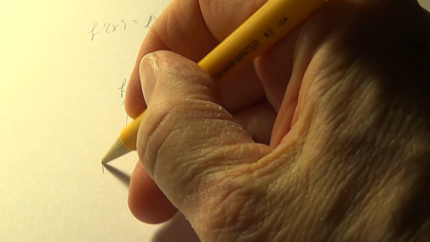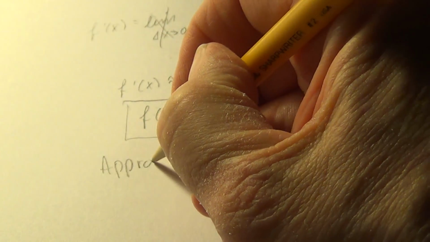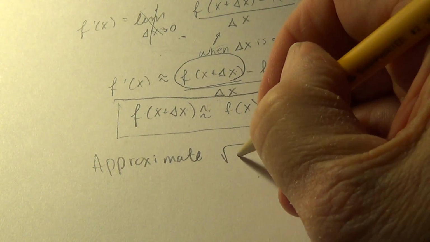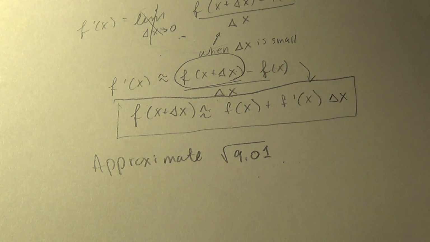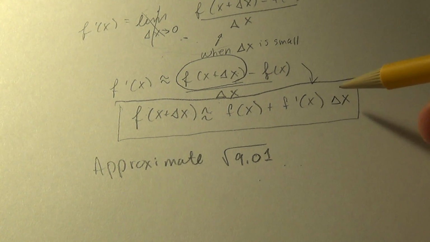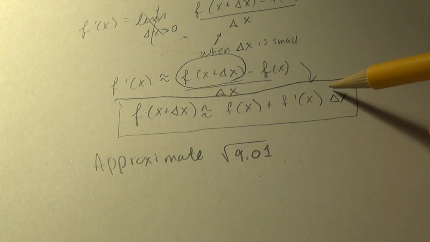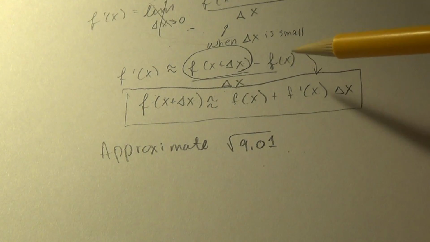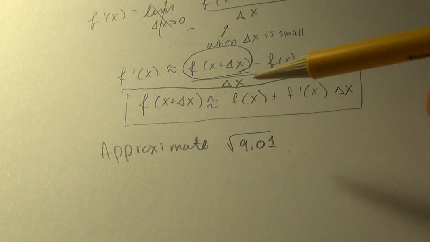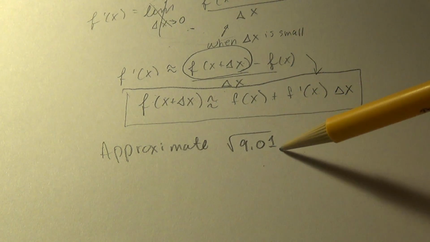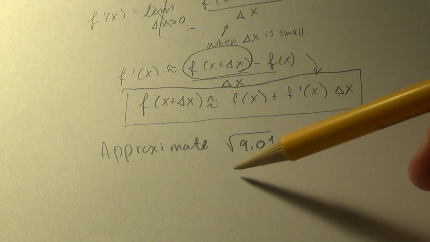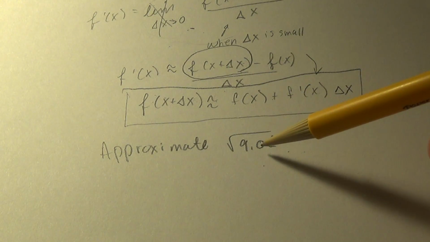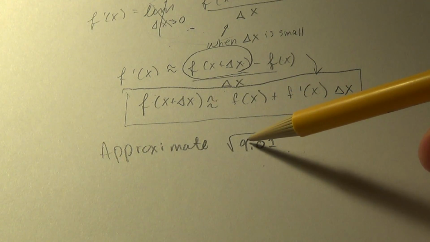So I want you to approximate the square root of 9.01, and we're going to use differentials to do that. We're going to use this formula, recognizing that we use it when the function we're asked to approximate is just a little different from one that we know. So we know the square root of 9.